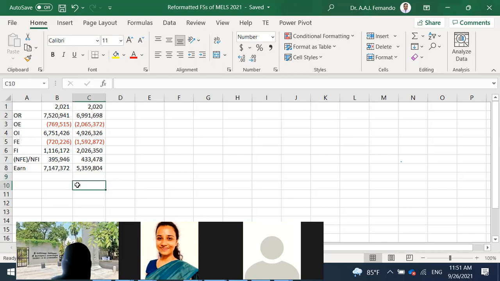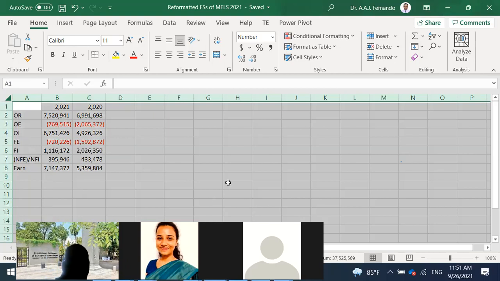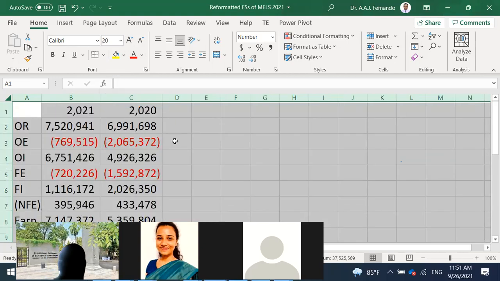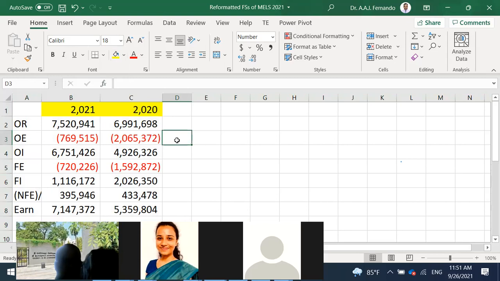So did you get the numbers like this in the income statement? Operating revenue should be this much. Is that correct?